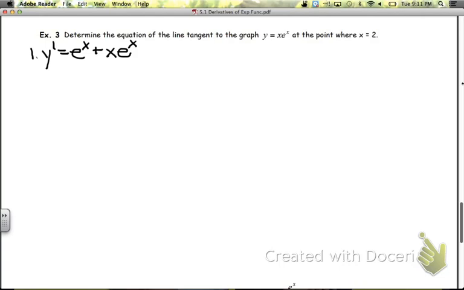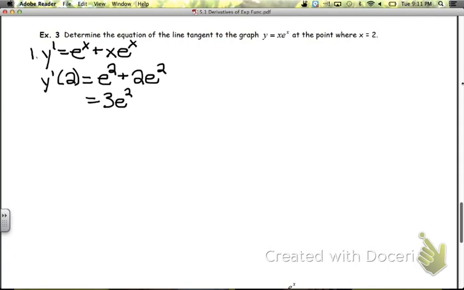One other thing that we need to know too is what the derivative is equal to at our given point. So we find our y prime of 2, which is equal to e squared plus 2e squared. So that will be equal to 3e squared, because e squared, that is actually like terms, so we're able to add 1 plus 2 to get 3.